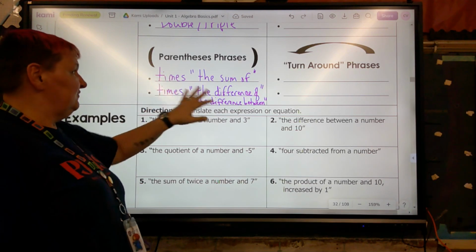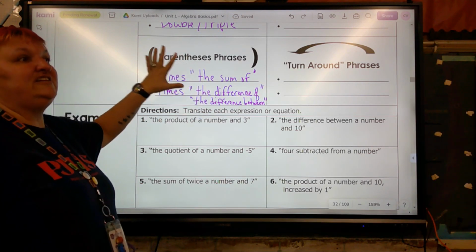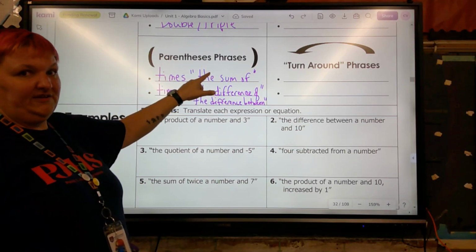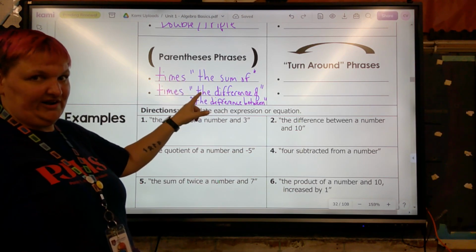These are phrases that tell you there needs to be parentheses. This one, it's around the addition. This one, it's around the subtraction.